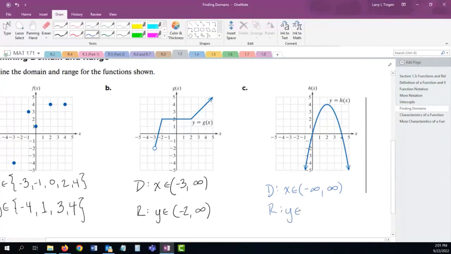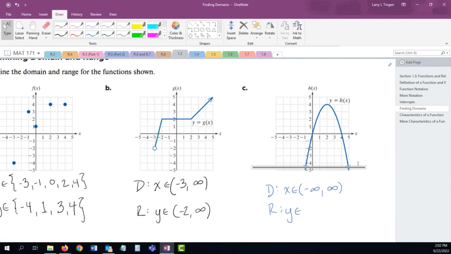The range, on the other hand, is not. Now, when I move up from the bottom, I hit those arrows first, so that means the function continues going down forever. So here's the tricky part about the range, though. Your lowest value is at the bottom of the graph.